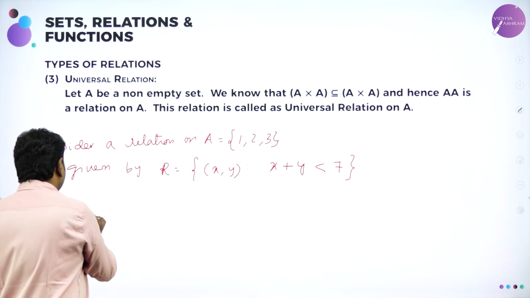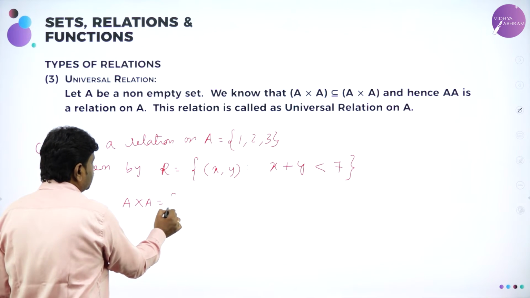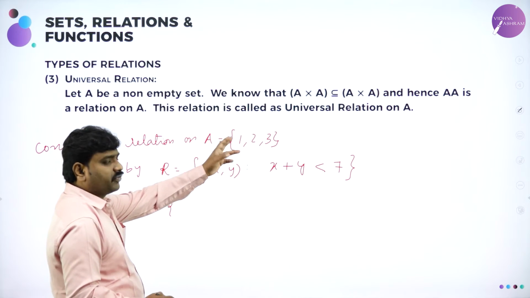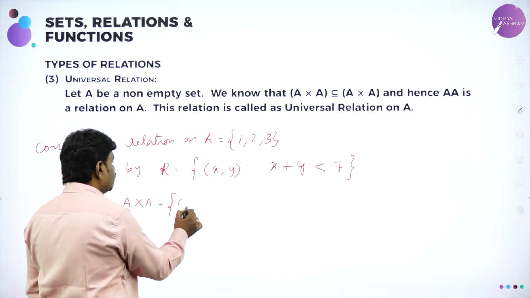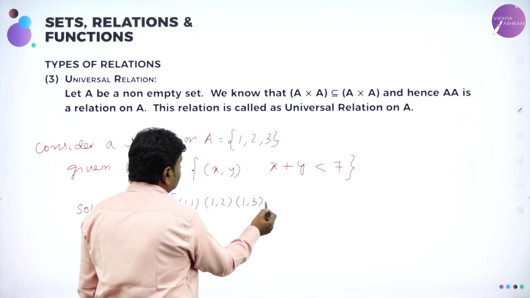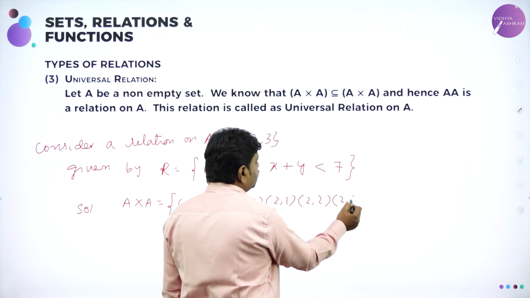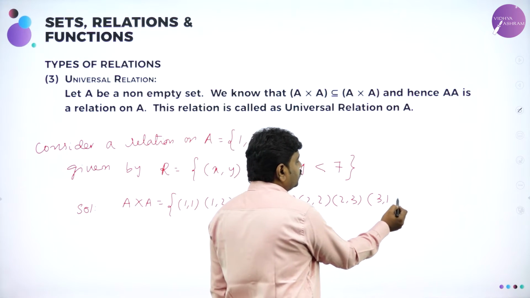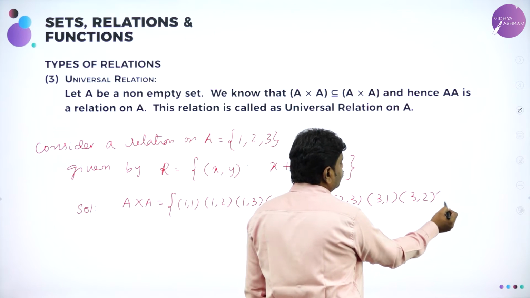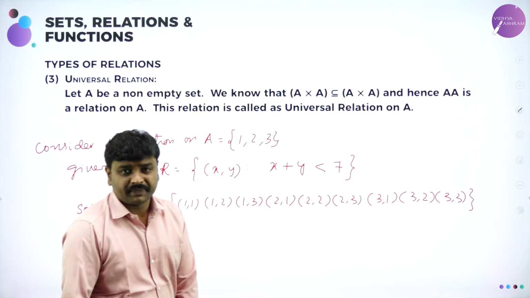Now my question to you, what is A cross A? What is the Cartesian product of A cross A? A cross A means Cartesian product of {1, 2, 3} with {1, 2, 3} gives you what? 1 1, 1 2, 1 3, then 2 1, 2 2, 2 3, then 3 1, 3 2, 3 3. So now I wrote the Cartesian product. All of you know how to write A cross A.